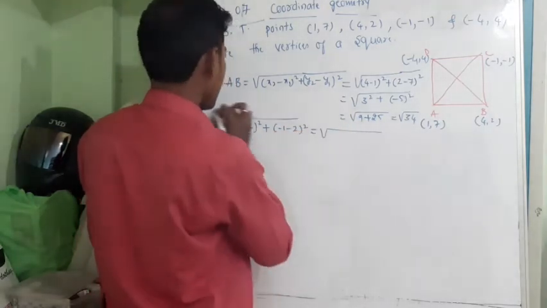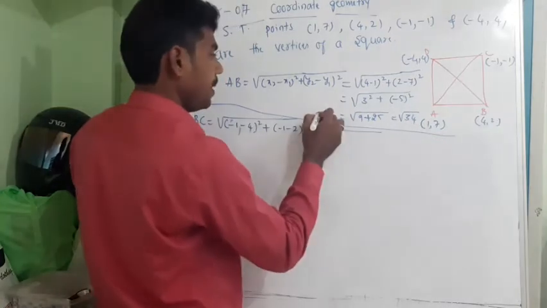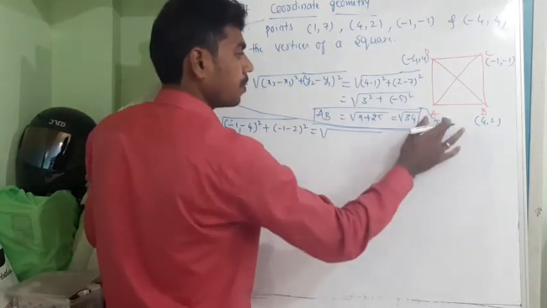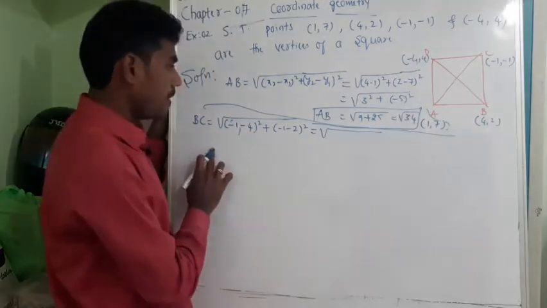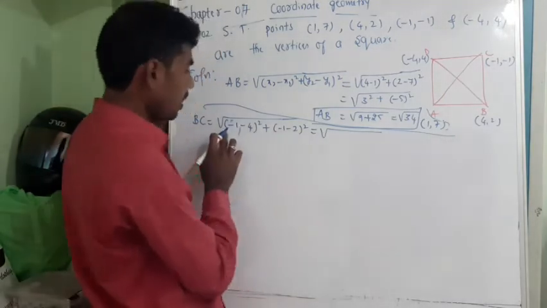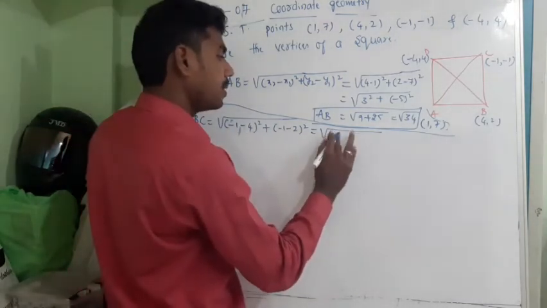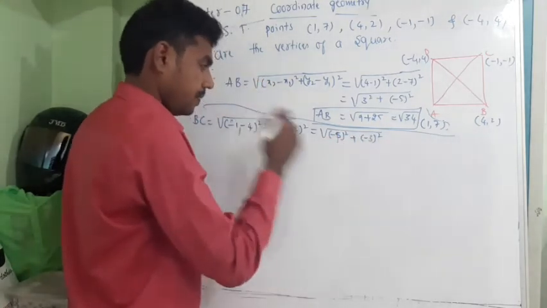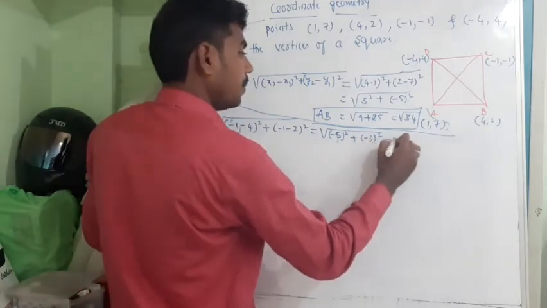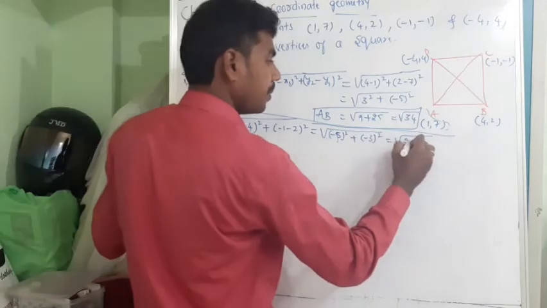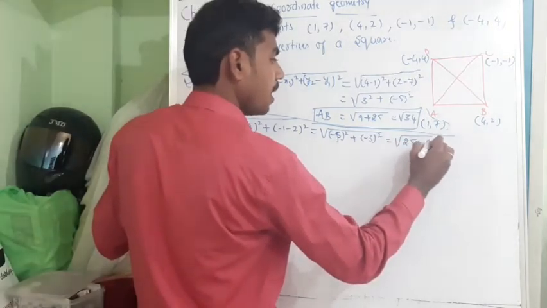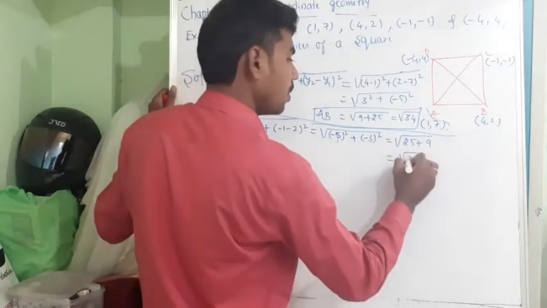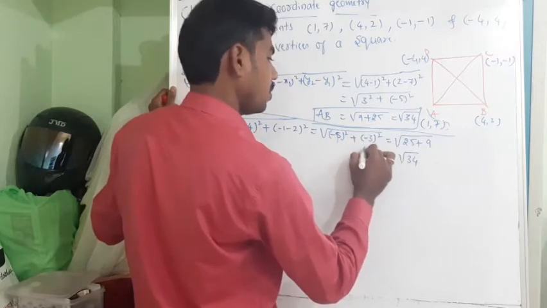Minus 1 minus 4 is minus 5 squared, plus minus 3 squared. Minus 5 squared is 25 plus minus 3 squared is 9, and 25 plus 9 is root 34. So we are on track, AB is equal to BC.